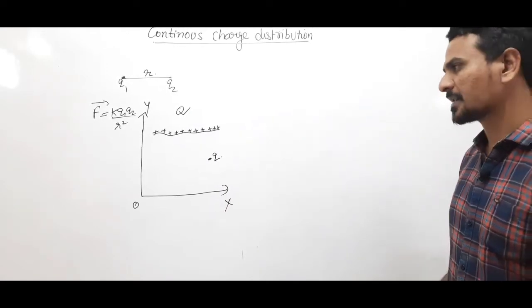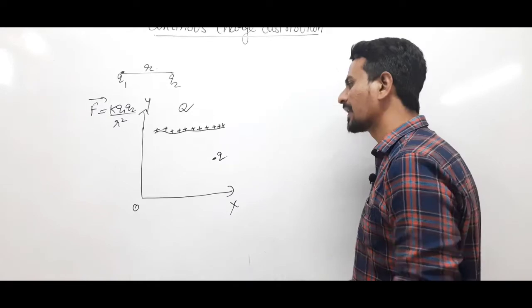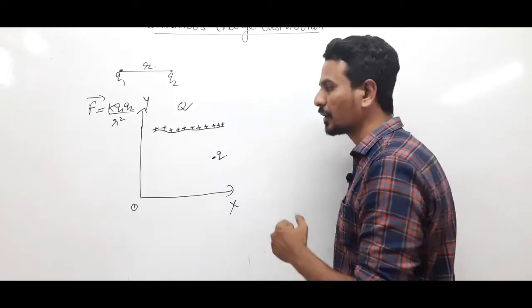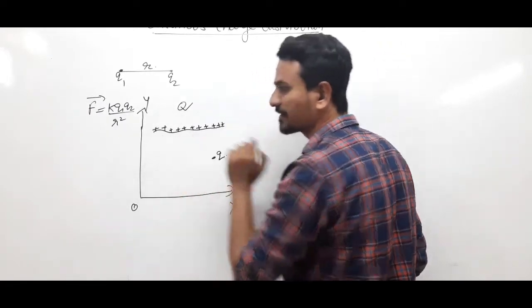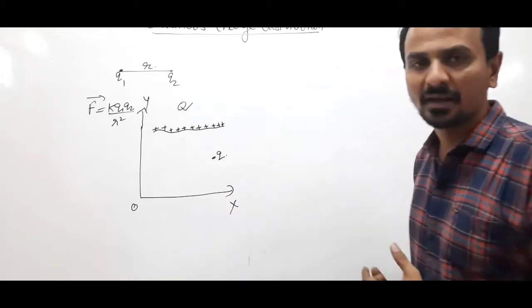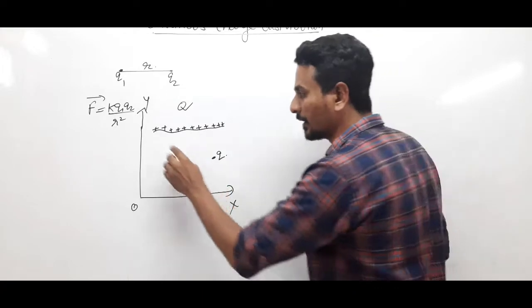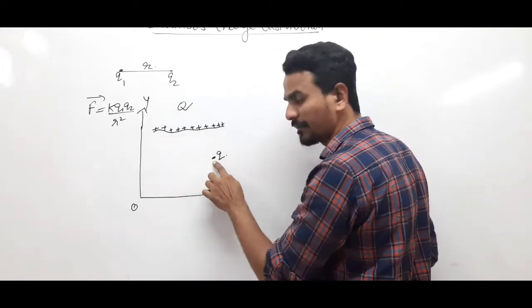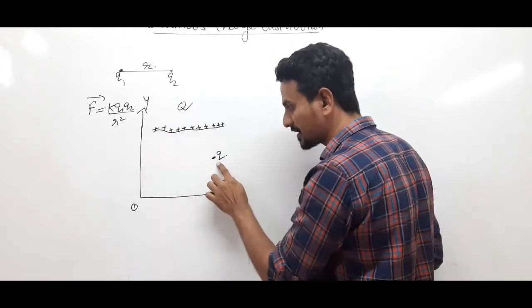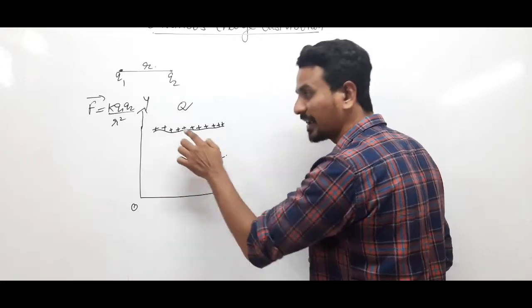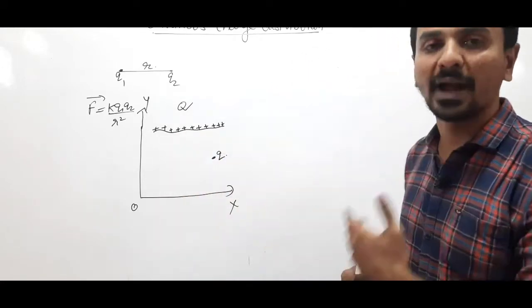Clear? So practically we cannot apply Coulomb's law because charges are continuously distributed. It would be too lengthy and too difficult a method to find the force using Coulomb's law. That means one charge will exert a force on this, another charge will exert a force on this, third charge, fourth charge and so on, and that we have to add.